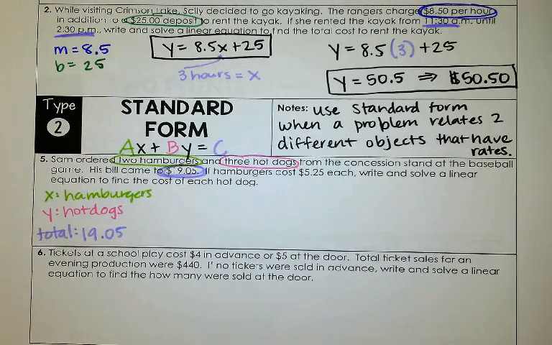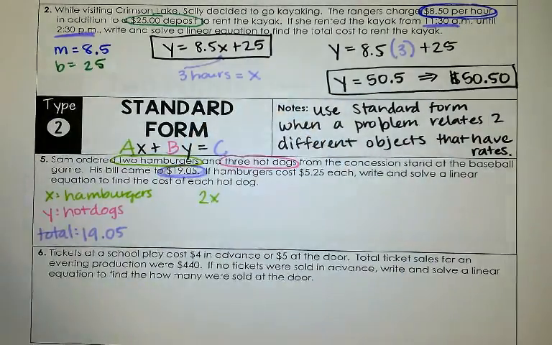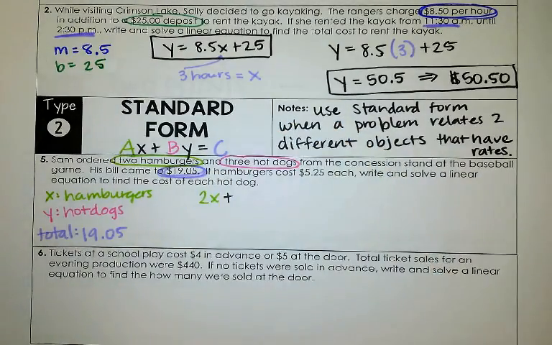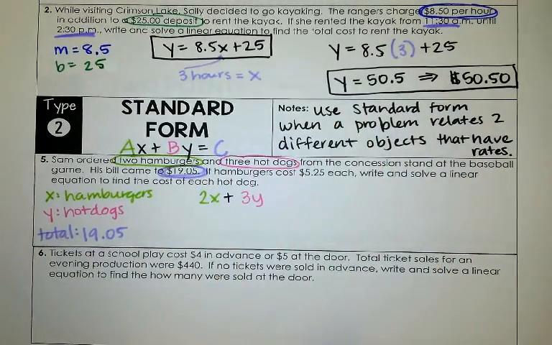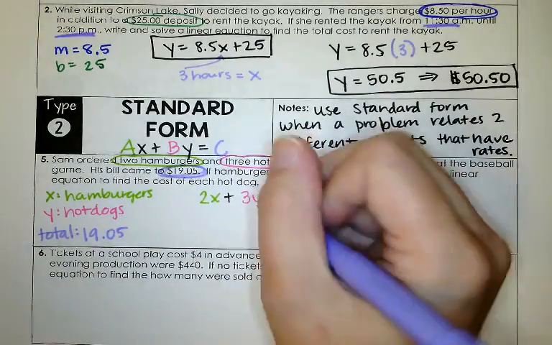So if we are going to write an equation for this, how I would write this is I would say 2x plus 3y, because we bought 2 hamburgers and 3 hot dogs, and that is equal to $19.05.